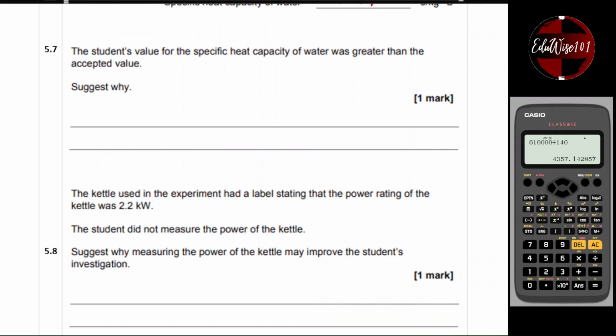The student's value for the specific heat capacity of water was greater than the accepted value. Suggest why.